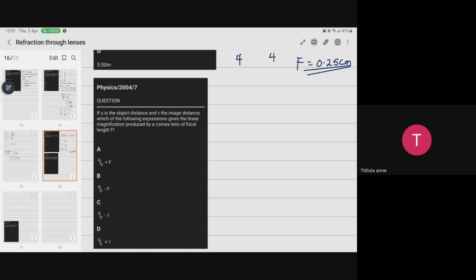Sorry, C. Okay. So who wants to walk us through the solution? Anyone that wants to walk us through the solution? Anyone?